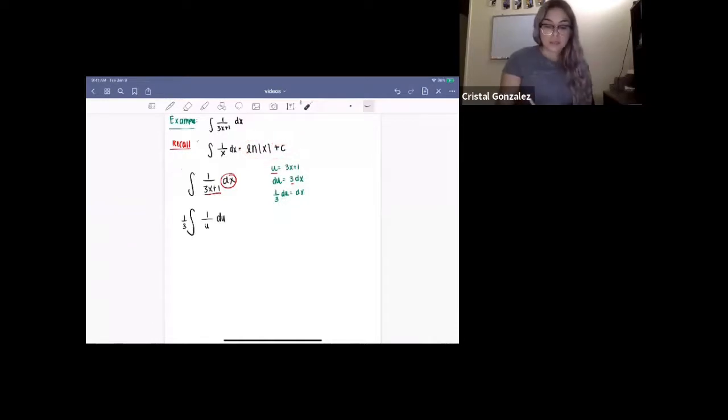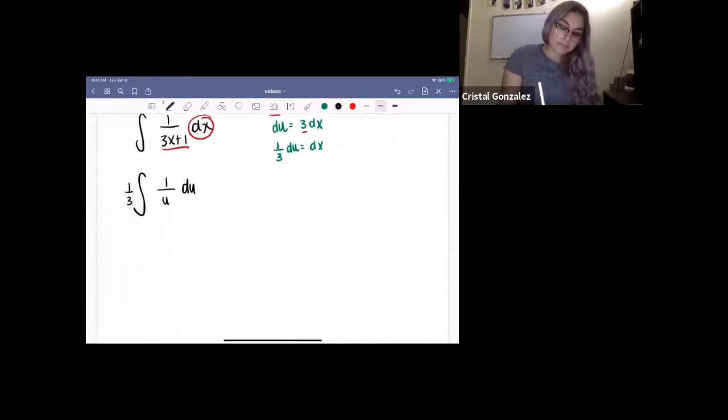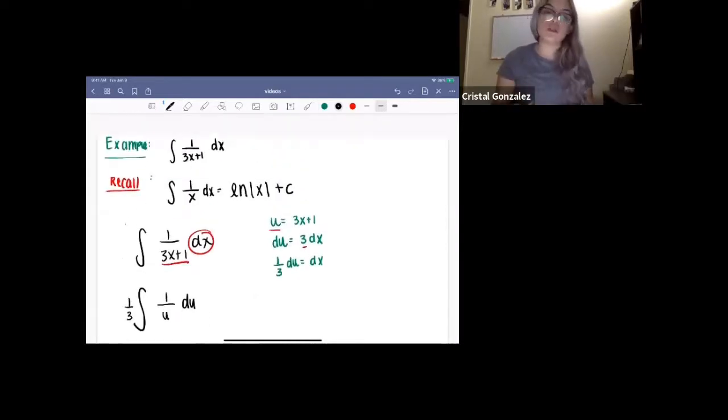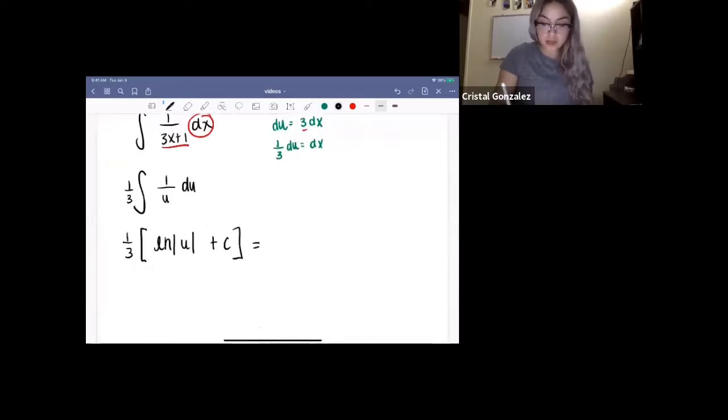So this is going to be 1 over 3 times the natural log, the absolute value of u, plus c, because we're dealing with an indefinite integral. And now we can replace u by the original function 3x plus 1. So you're going to get 1 over 3 ln, absolute value of 3x plus 1, plus c.